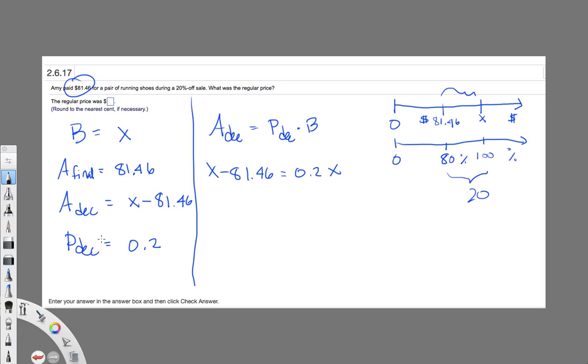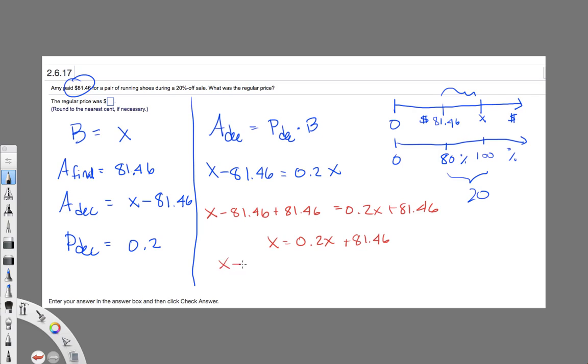All right, now I'll switch colors and we'll solve. So I'm going to add $81.46 to both sides. Then I get X equals 0.2X plus 81.46.